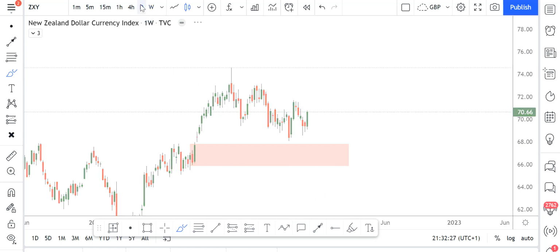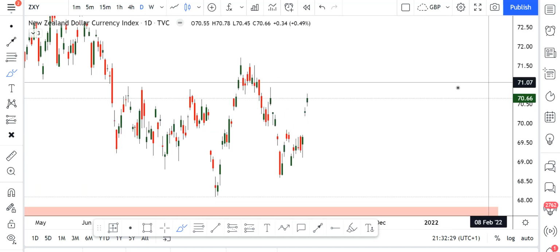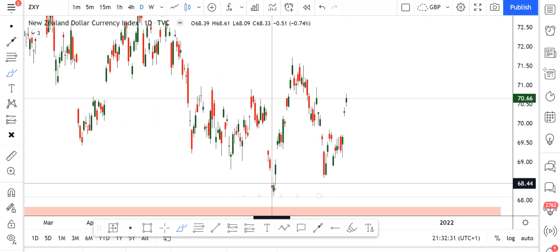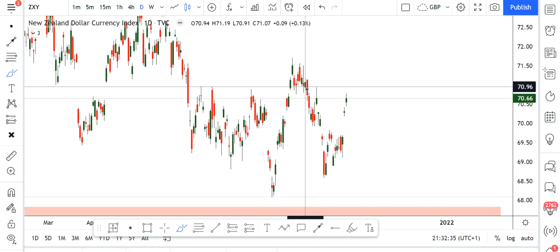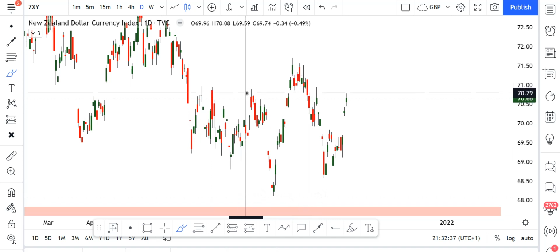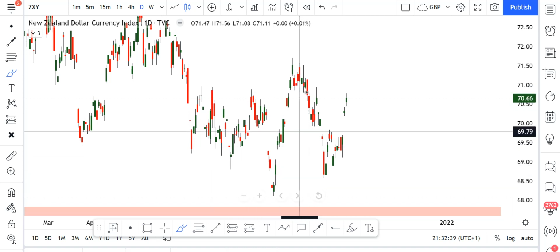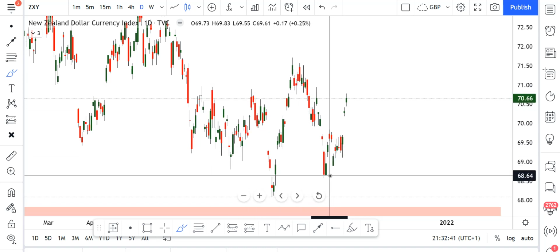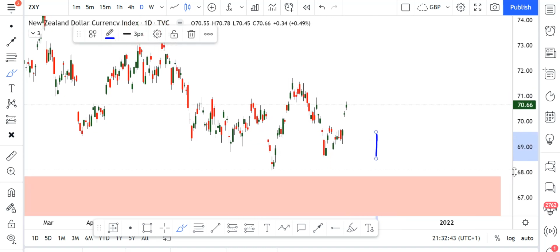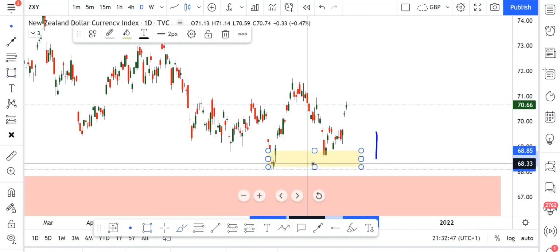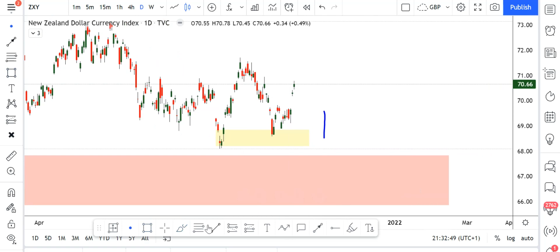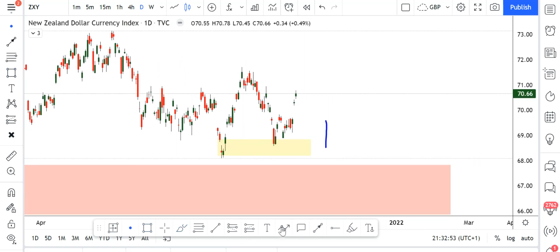Now, if you move to the daily, what can we see? We can see that price is moving to the upside because it broke this previous low. It is possible that price will break that high to the upside, then still come to this particular demand zone here, knowing that people will definitely want to buy, and price will then slam to the downside.